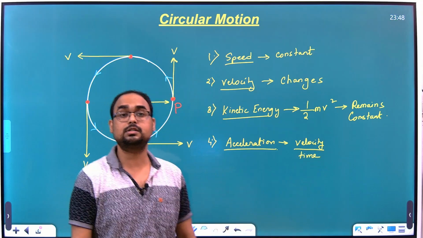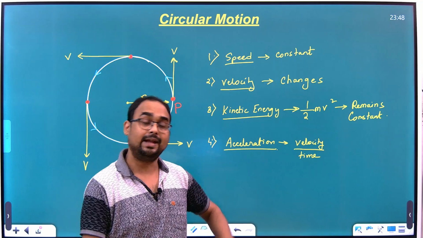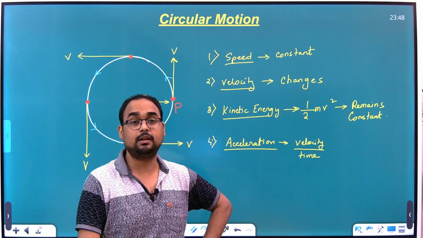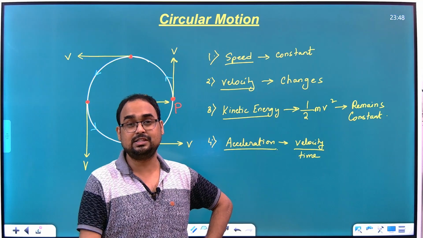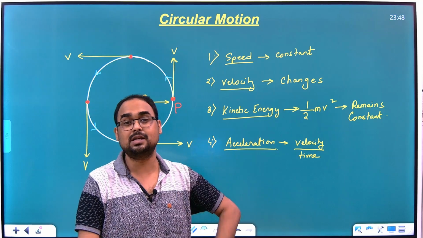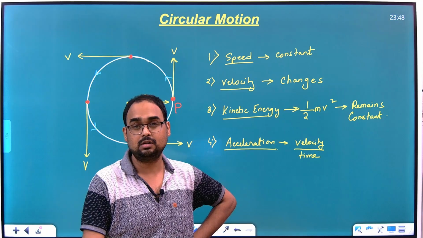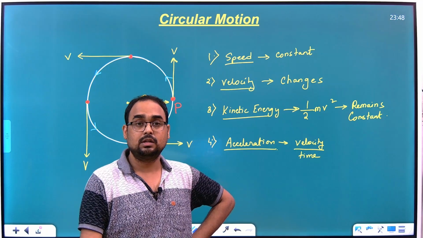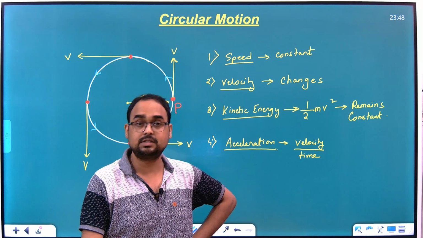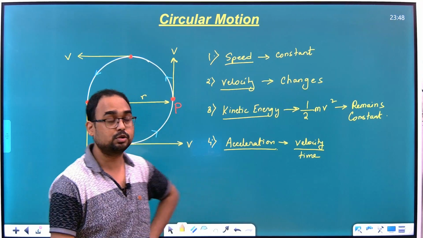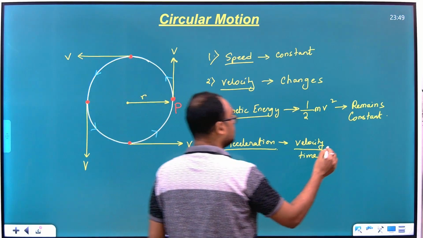And according to our parameters, velocity is changing. So when velocity is changing, obviously there will be some generation of acceleration. Basic physics. Change in velocity gives us acceleration. So as the velocity changes, acceleration also changes.